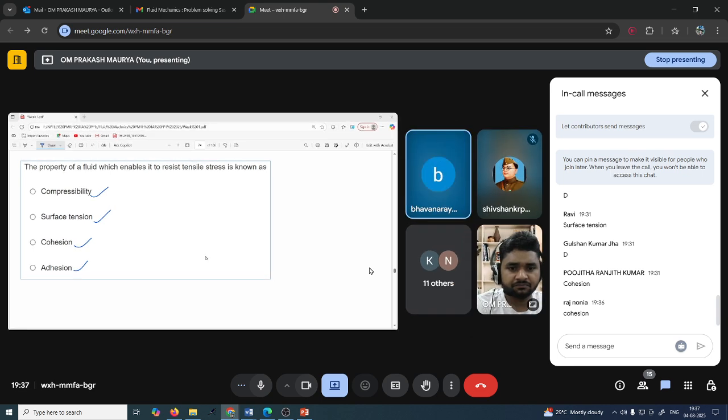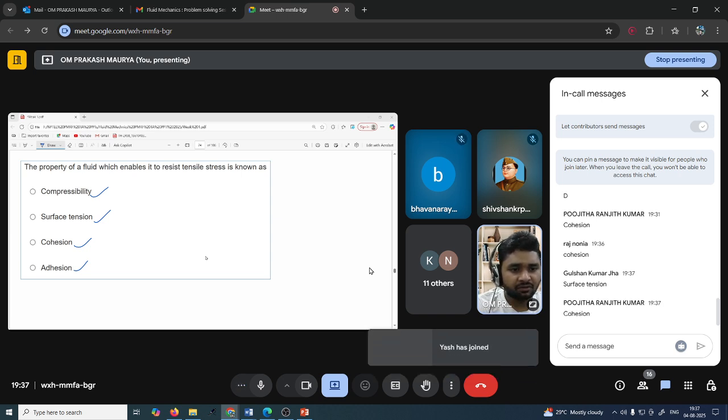Compressibility, okay. Gulshan is telling surface tension. Okay. So we are talking about here the tensile stress.